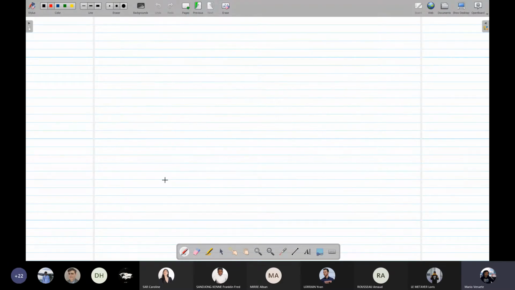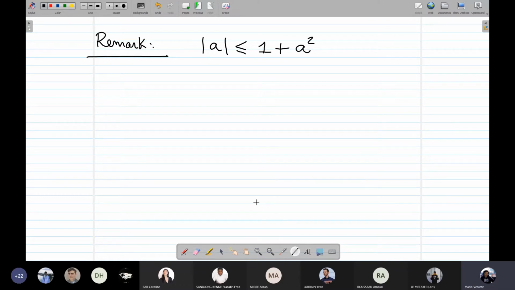But I have a remark. It's an important remark. We have an inequality that says that the absolute value of a number a is smaller or equal to 1 plus a squared. Okay?